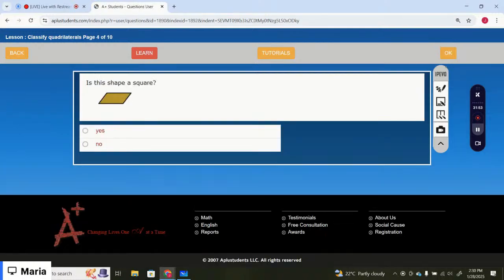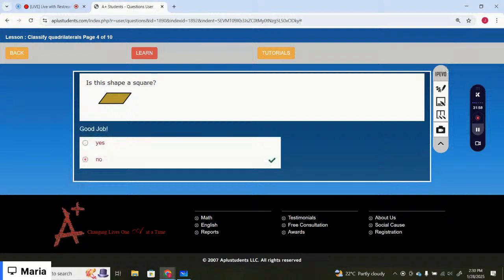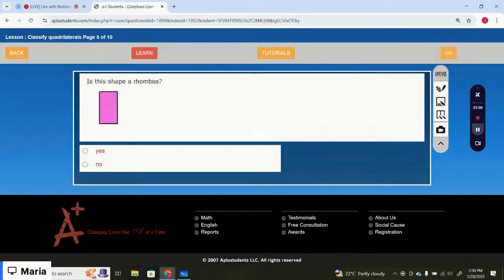Is this shape a square? No, that is not. The correct option is no. Is this shape a rhombus?